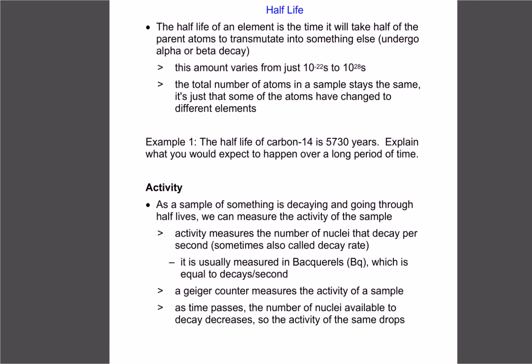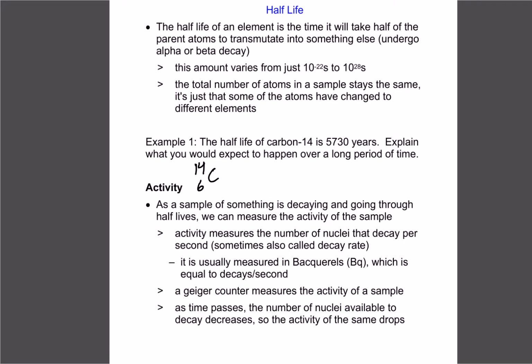So if we're trying to measure the half-life of carbon, for example carbon-14, the elements are staying the same. It's just that carbon-14 is transmutating into something different. The half-life of carbon-14 is 5730 years. So that means that in 5,730 years, half of those original nuclei would be gone.